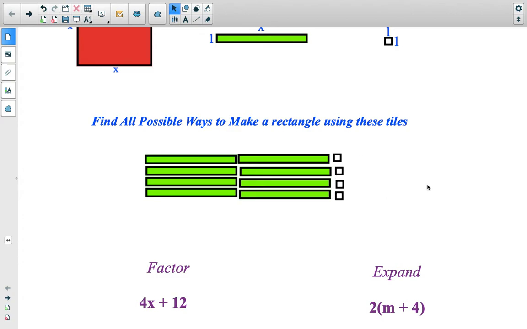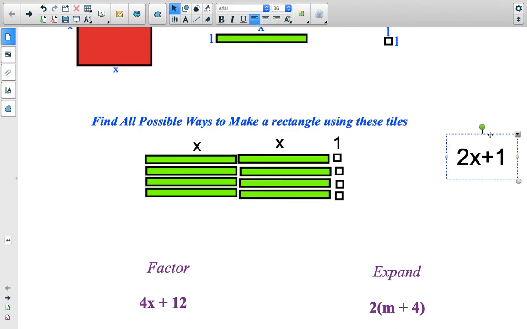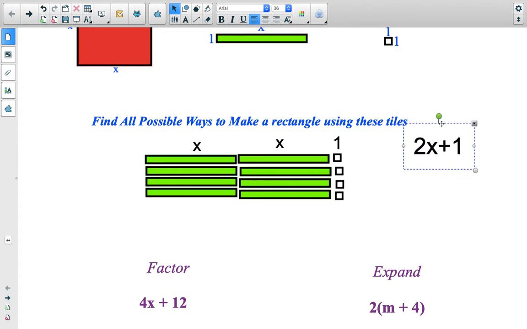This rectangle has a side length of x, this one here is also x, and we have a 1 block. So the side length here is x plus x plus 1, which is 2x plus 1. That's my one side length there.